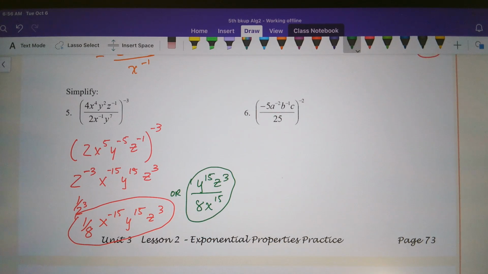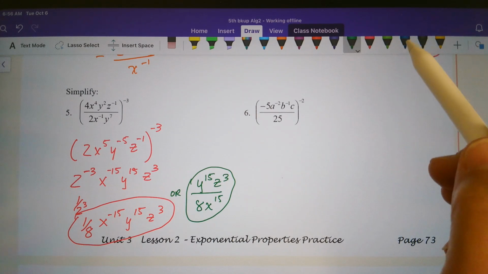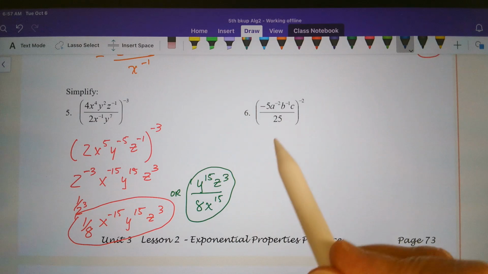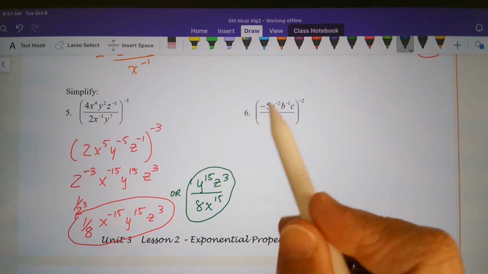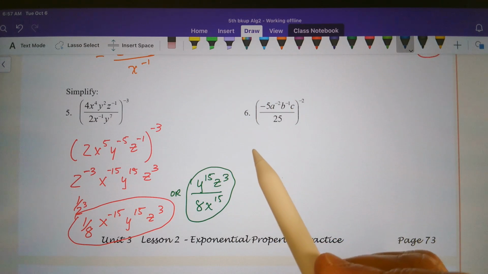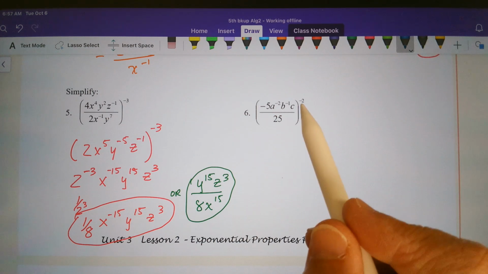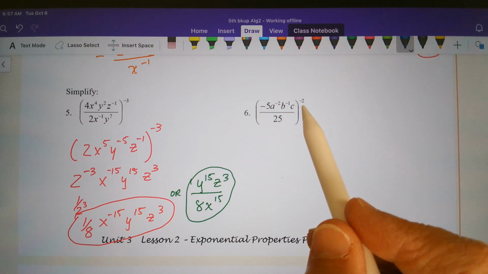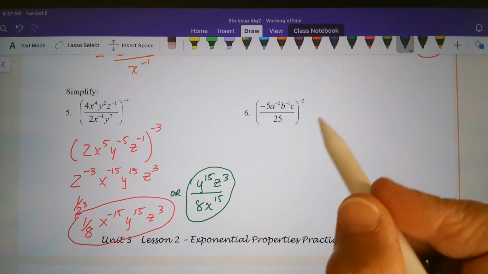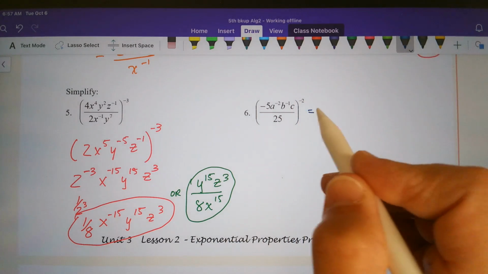Okay, now this next one, same thing. Well, there's not much to do here, actually. So I think I'm going to switch this to a positive exponent. I'm just going to flip this, right? I'm going to flip this.